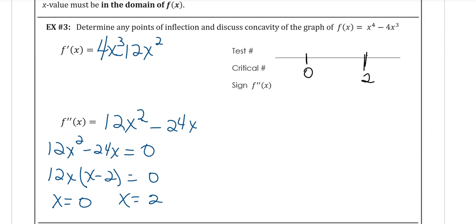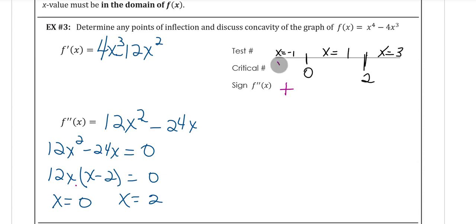So I am going to take x equals -1, x equals 1, and x equals 3. Finding the sign of f double prime, if I put -1 in my function here, I'll have a negative times a negative. So the sign of my f double prime will be positive.